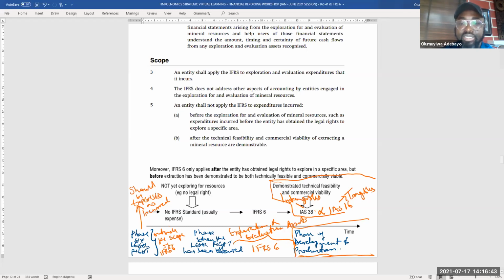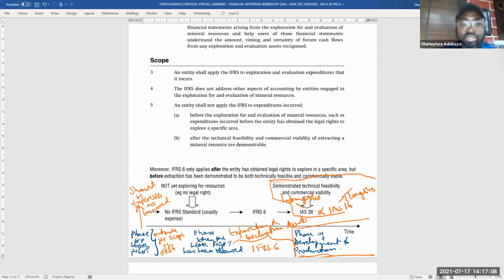But let us limit our discussion to oil and gas. The first one is the acquisition cost, which is synonymous much more to obtaining legal rights.